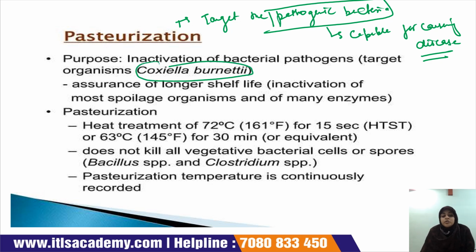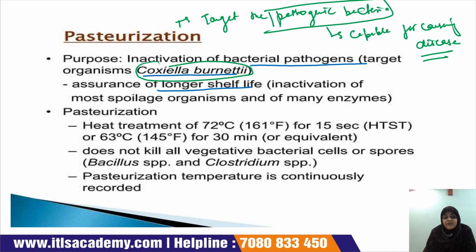It also assures a longer shelf life of the product by inactivation of spoilage organisms and many enzymes. See what is written here. Purpose: inactivation of bacterial pathogens, and the target organism is Coxiella burnetii.